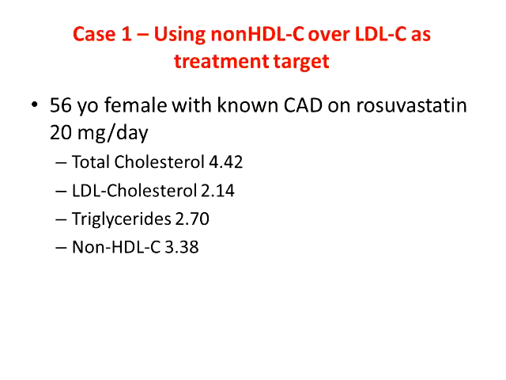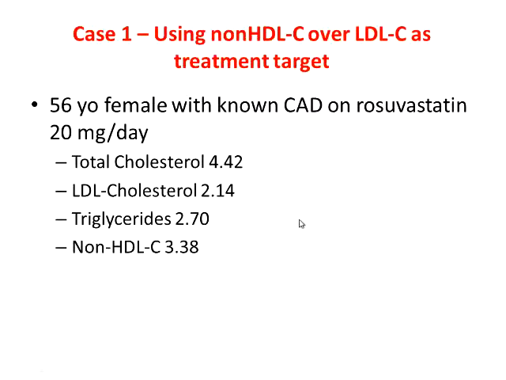So here's a couple of cases that try to illustrate this. This is a 58-year-old woman with known coronary artery disease. She's taking rosuvastatin 20 milligrams a day, tolerating it. She's got an LDL close to the recommended high-risk target of less than 2. She's sitting at 2.14.